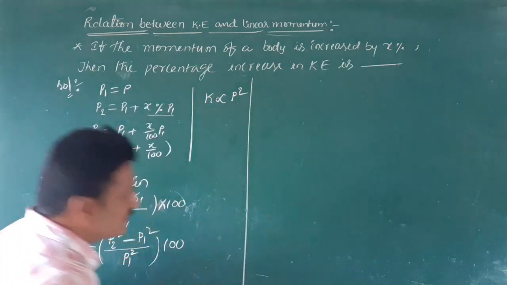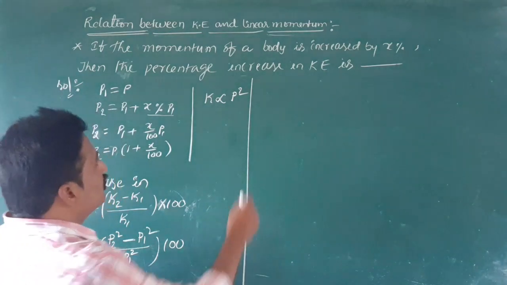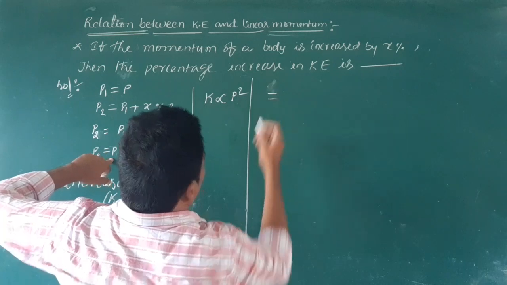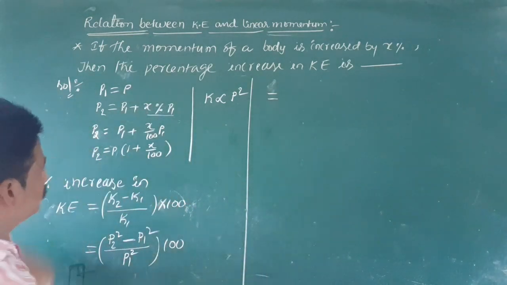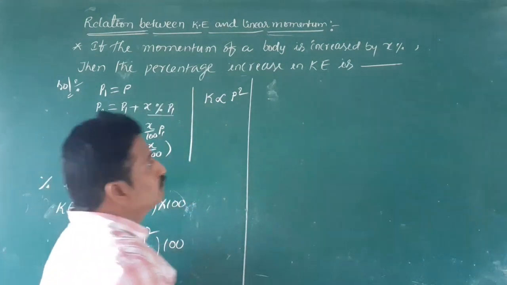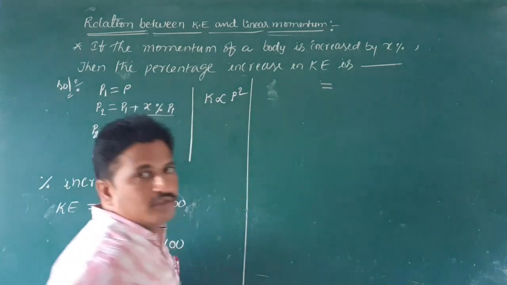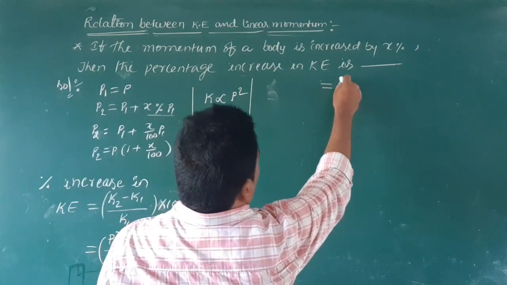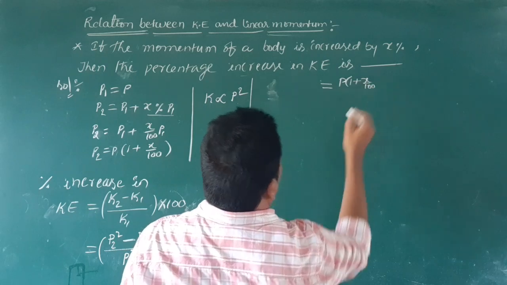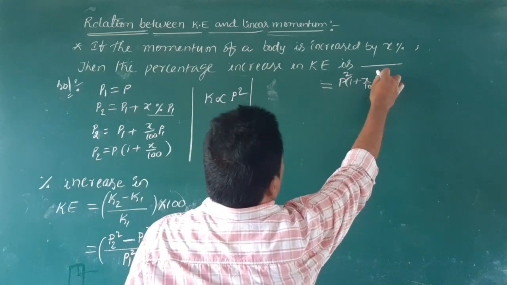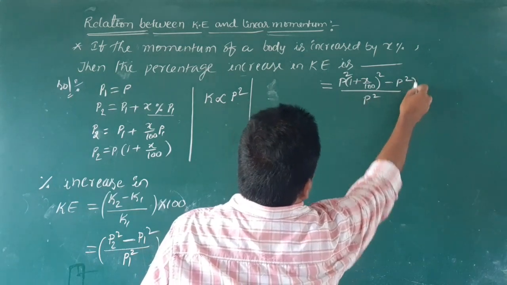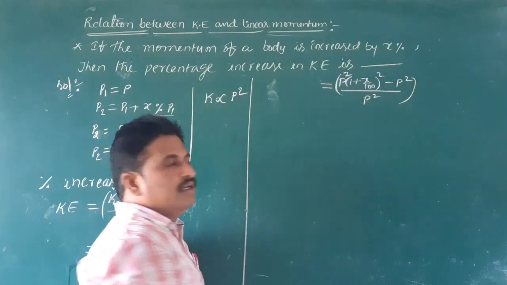By simplifying it, P2 square is equal to P of 1 plus x by 100 whole square. That means (P square of (1 plus x by 100) whole square minus P1 square) by P square into 100.